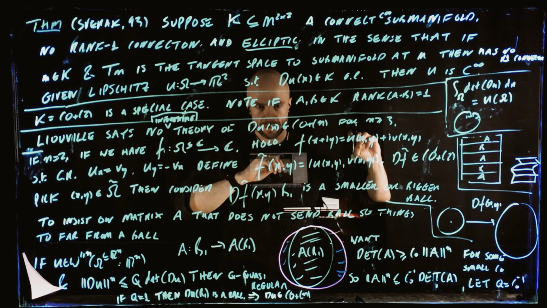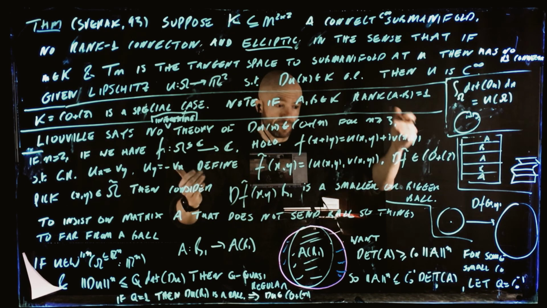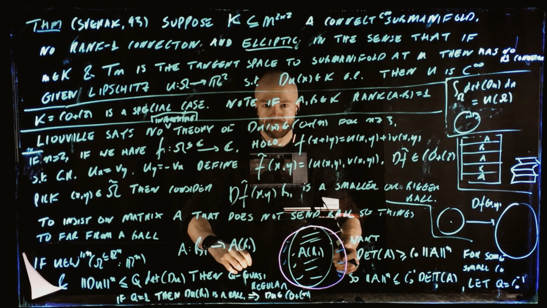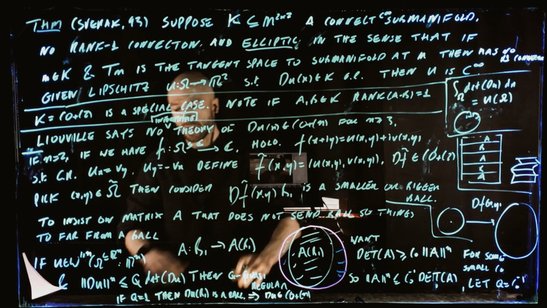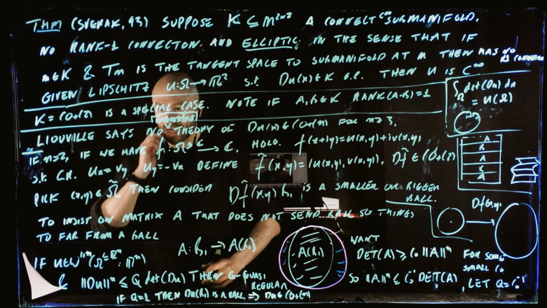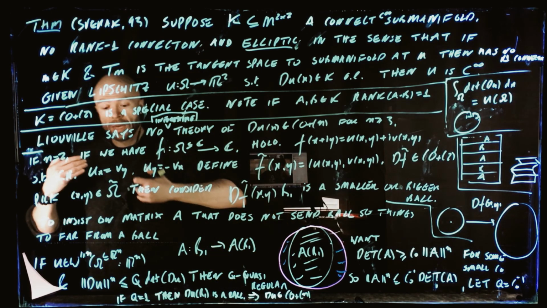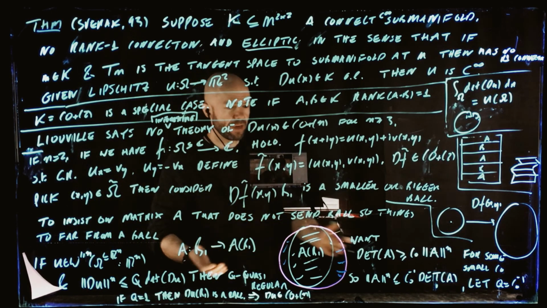But when we let Q be bigger than 1, then we're allowing some sort of distortion of the space, of the image of the ball, right? And that is a much wider class of mappings. And in particular, when n is bigger than 2, then we have a rich class of mappings that satisfy this.